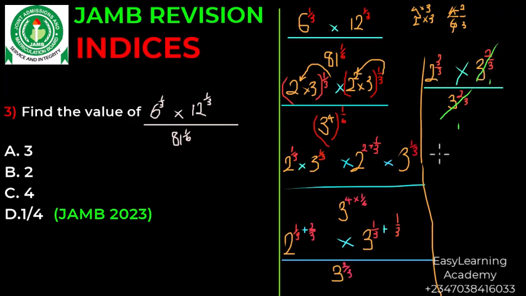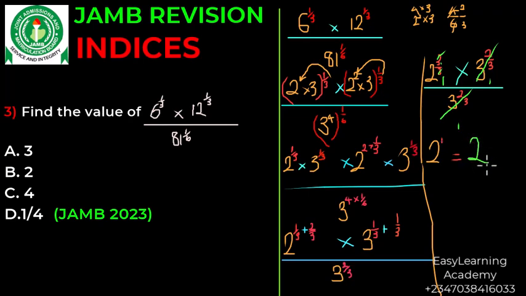And we have our 2 raised to the power 3 over 3, so 3 cancels itself, is 1. Our 2 raised to the power 3 over 3 will now be 2 raised to the power of 1, because 1 over 1 is the same thing as 1. 2 raised to the power of 1 is the same thing as saying 2, and that is our answer.